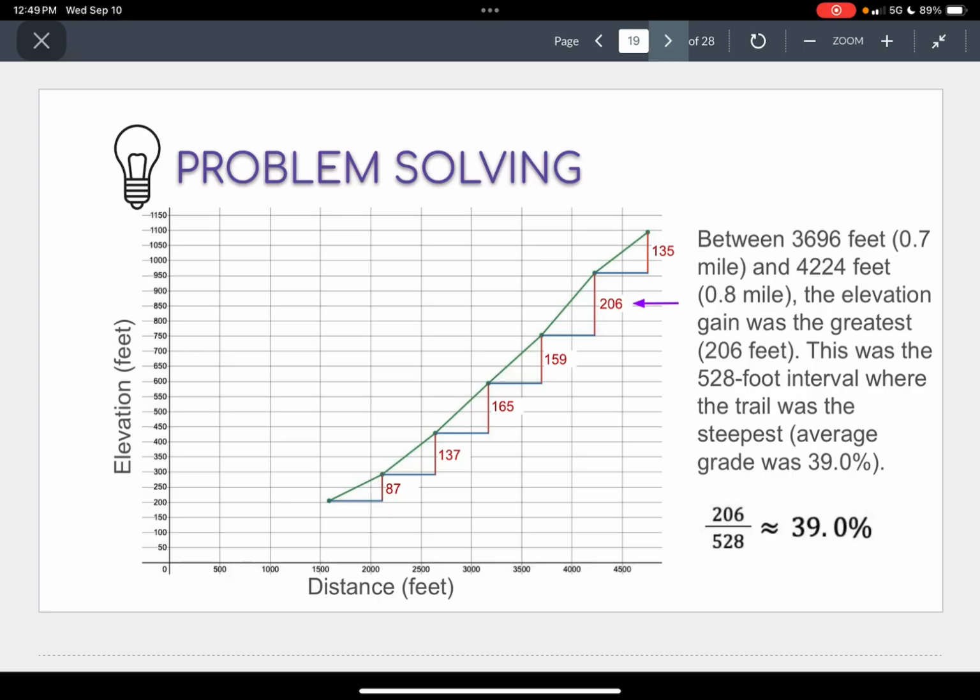The greatest vertical change occurs between 3,696 feet and 4,224 feet. That's where the vertical change was 206. I can do the calculation, 206 divided by that 528 feet of horizontal change, and I get 39%. That's a very steep grade, and that part of the hike was pretty tough.